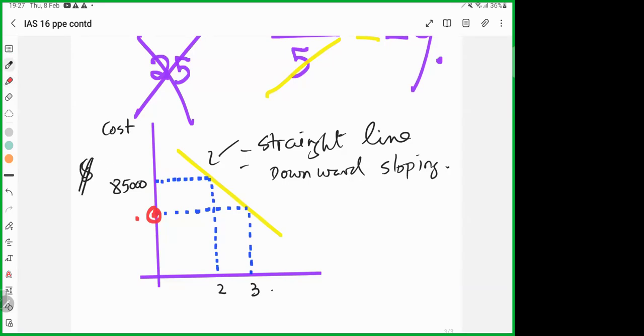So I have one number at this point, and now I need the number here. 85,000 at the end of year 2, and at the end of year 3, how much will it be? What do you think?